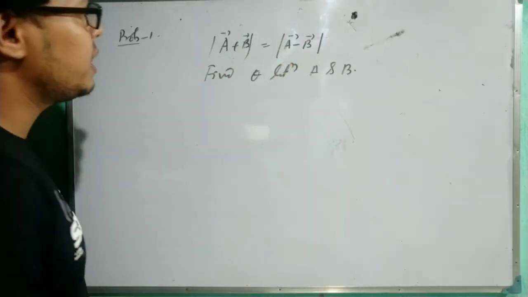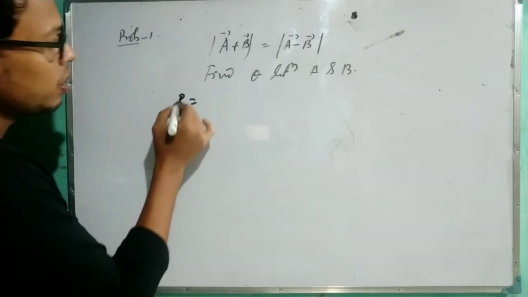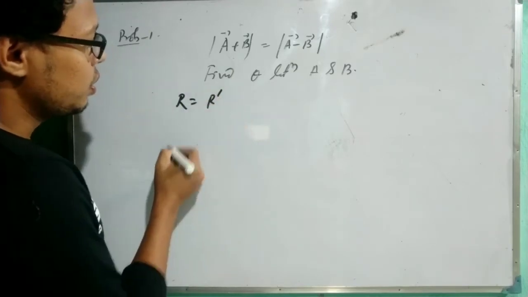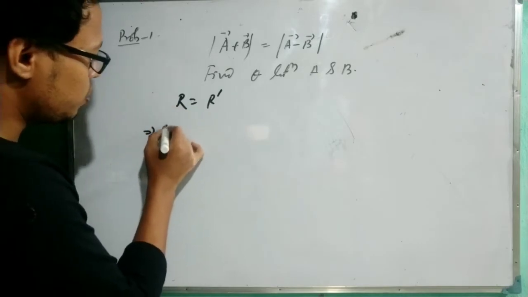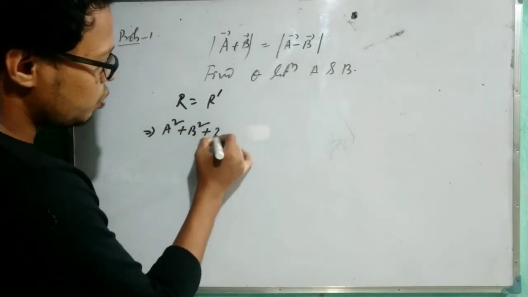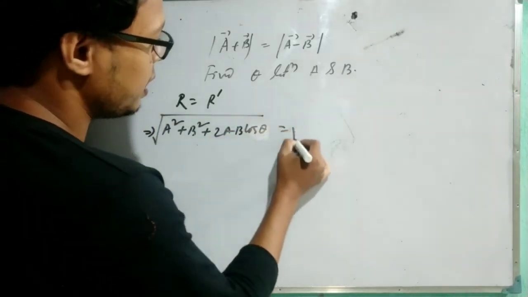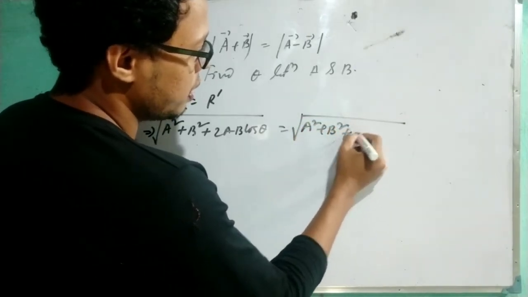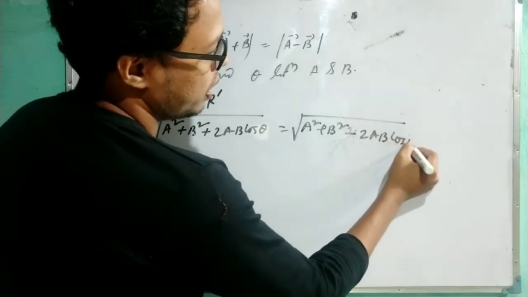So R equals root of A square plus B square plus twice AB cos theta. But in case of subtraction, this will be A square plus B square minus twice AB cos theta.